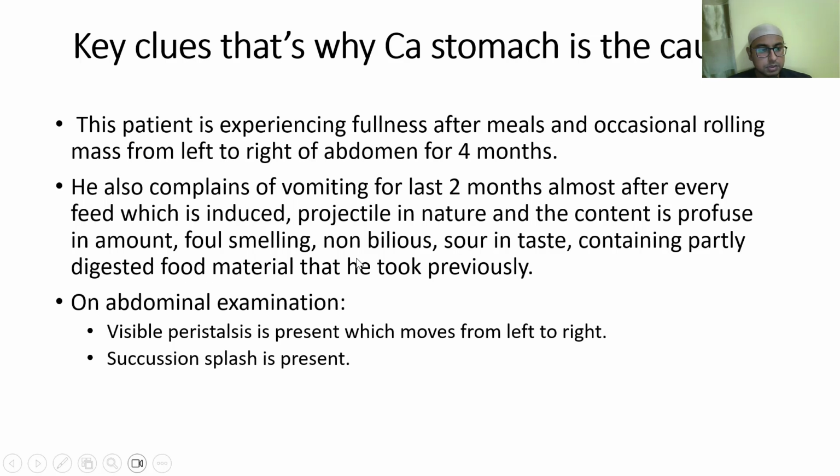The content is profuse in amount and foul smelling, non-bilious, sour in taste, and contains partly digested food materials that he took previously. On abdominal examination, visible peristalsis is present, which moves from left to right, and succussion splash is present, as I already told you about the last word, okay?